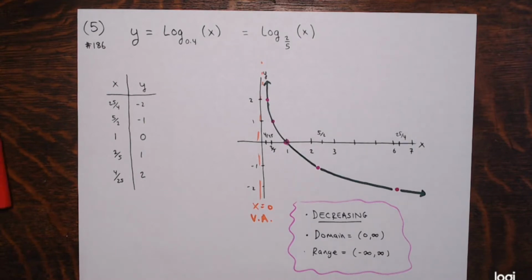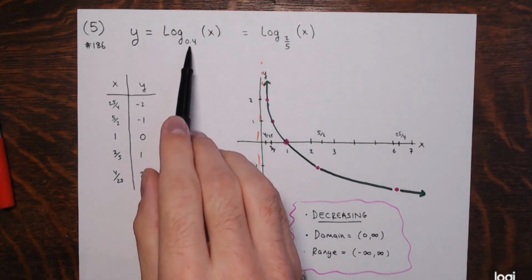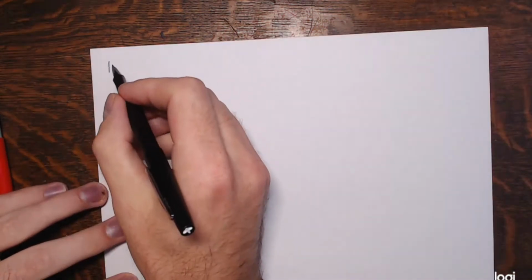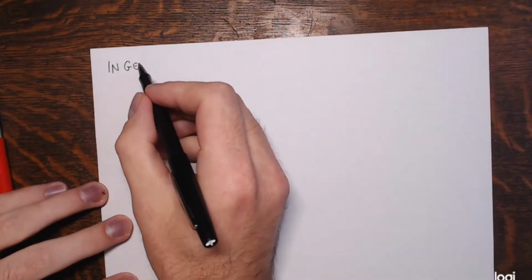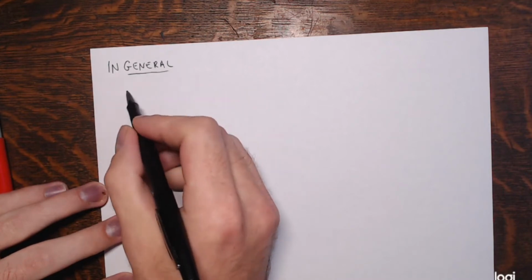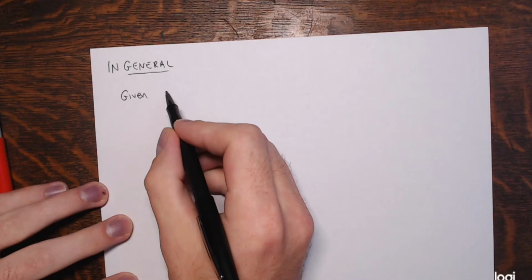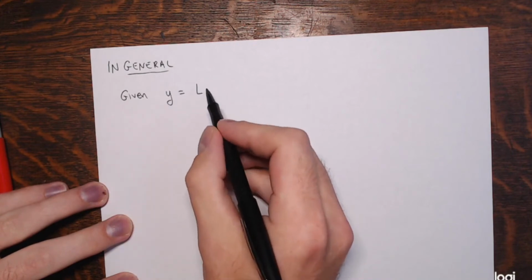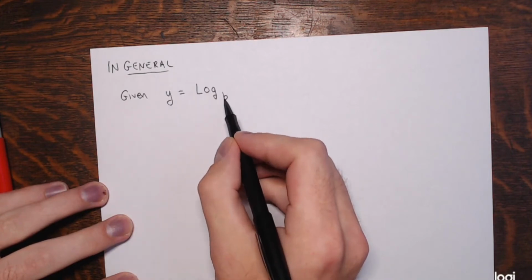But notice, hopefully you noticed in example 4 and 5, had a very basic exponential function with a base that was less than 1. And they were decreasing functions, right? So in general, again, we're given y equals the log base b of x.